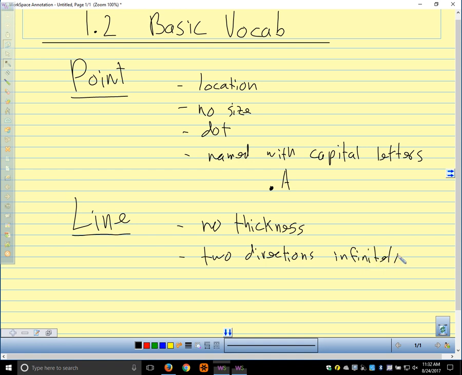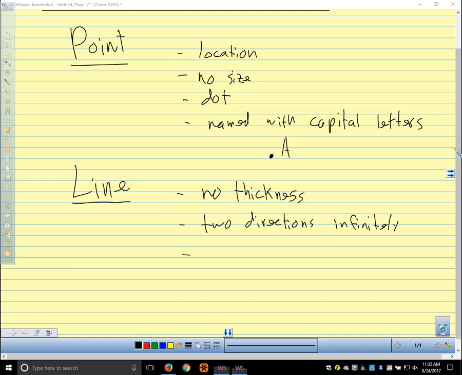Yes. I was going to say it's represented by a straight path. It's a straight path. I like that. That's a good one to have. So when we're talking about a line, we're not talking about a curvy thing. It's straight. No thickness, two directions infinitely, straight path.